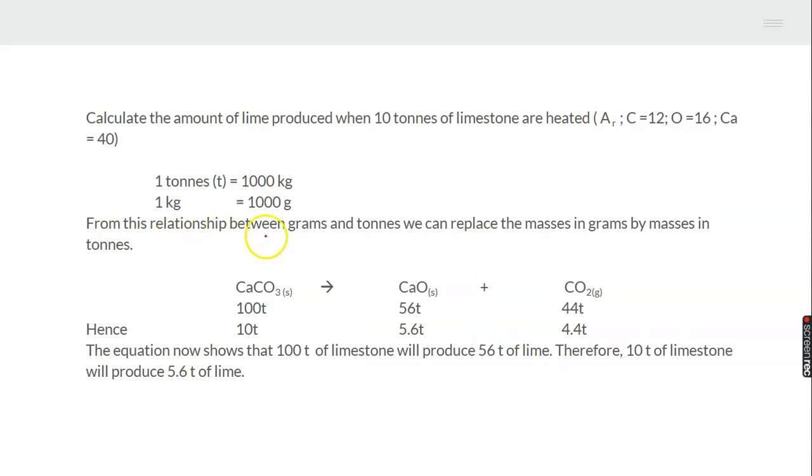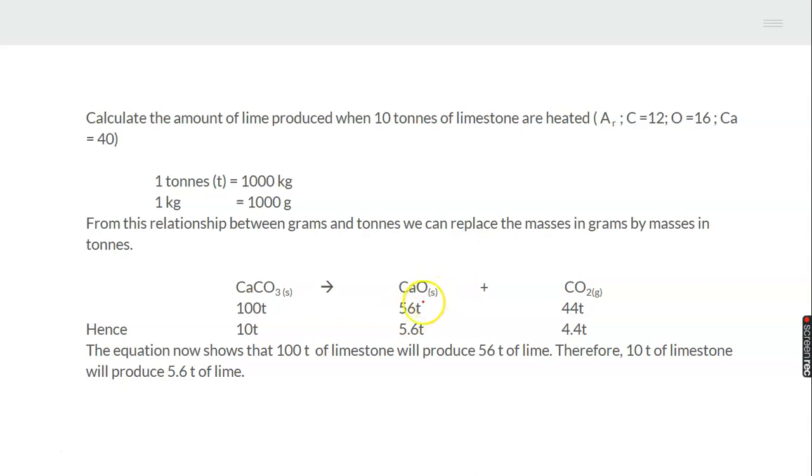So from this relationship between grams and tons, we can replace the masses in grams by masses in tons. I just use it in such a way that wherever I have tons, I'll treat it as if I'm treating grams. Just like we have 100 grams initially, so this is 100 tons. This acronym is a short form of tons.